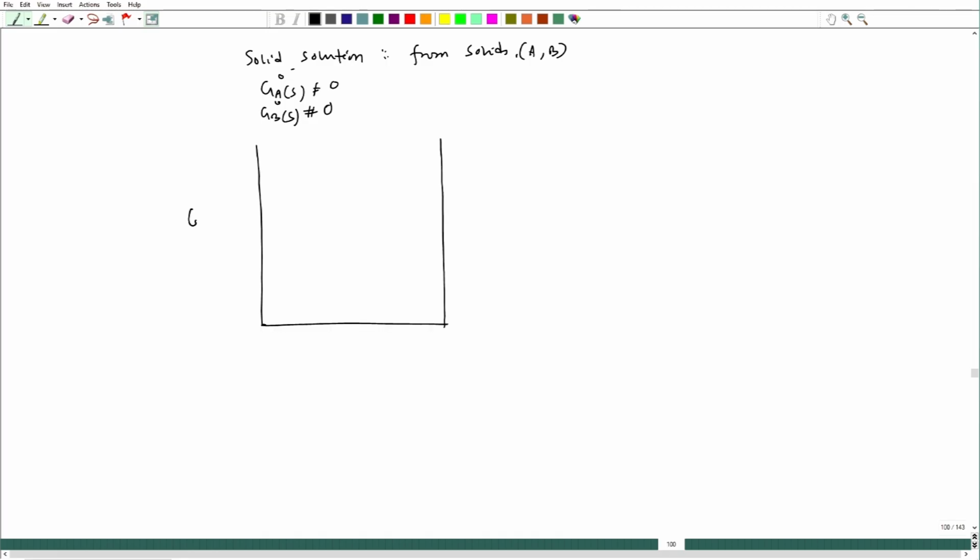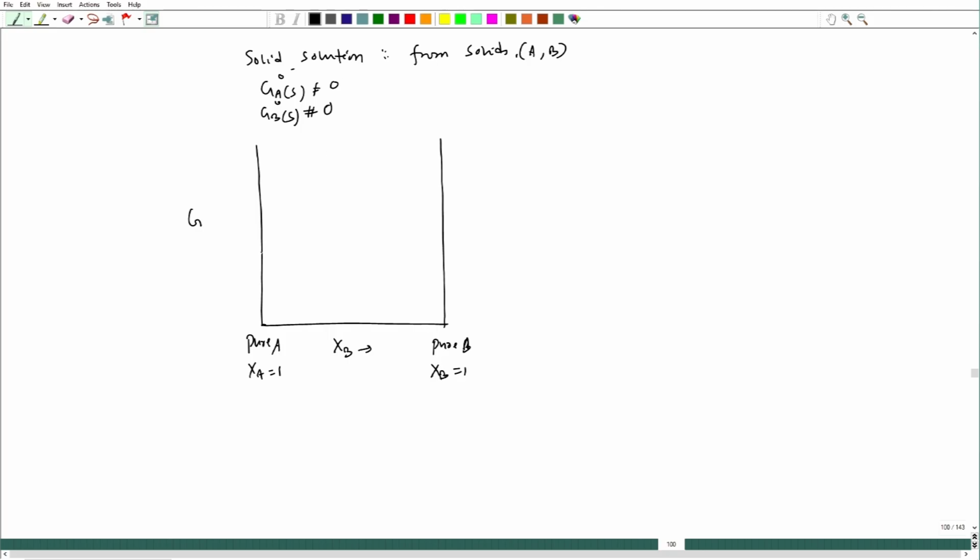Okay. So, this is G, this is X B, pure B, and this is pure A. So, X A equal to 1, X B equal to 1. We are considering a binary solution all the time. Now, we are not assigning these two values as 0.